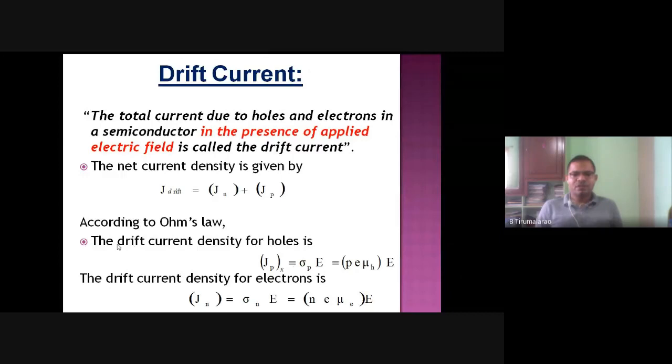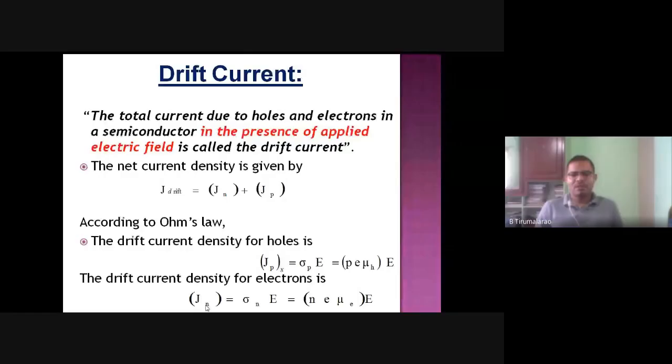So this is the drift current for holes. Here Jn means drift current density due to electrons, and sigma n is the conductivity due to electrons.